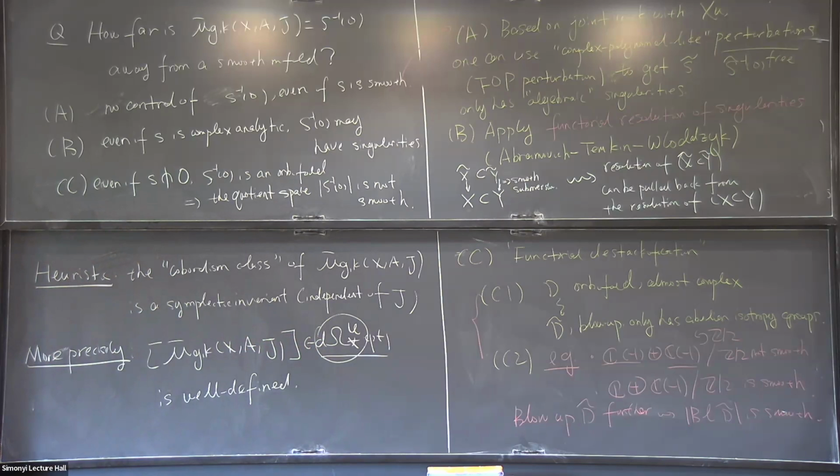Any more questions? If not, let's reshare again. MU has some universal property, right? What do you mean by that? Well, it's the universal complex oriented cobordism theory.